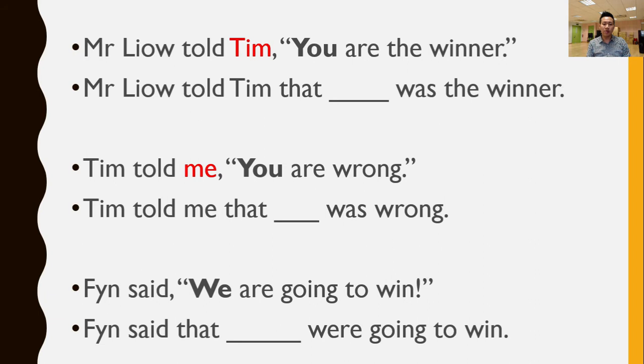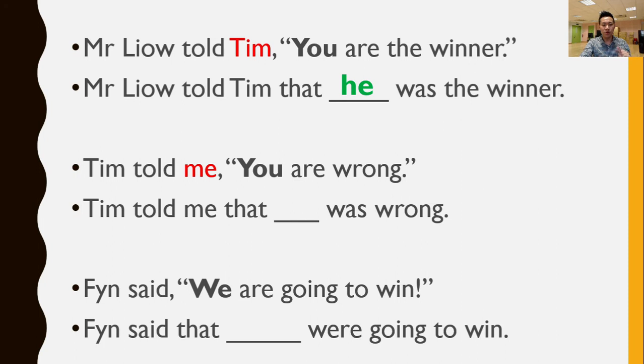Now, some examples for you to try out. Mr. Liao told Tim, "You are the winner." So in reported speech, Mr. Liao told Tim that, you realize I highlighted in red, Tim is a boy, so you should change it to he. Mr. Liao told Tim that he was the winner.